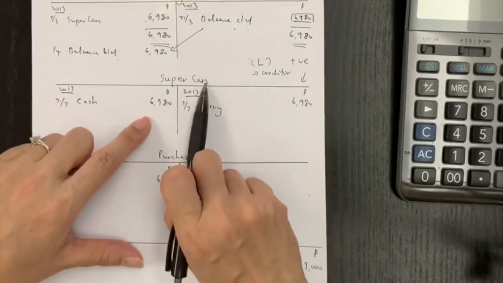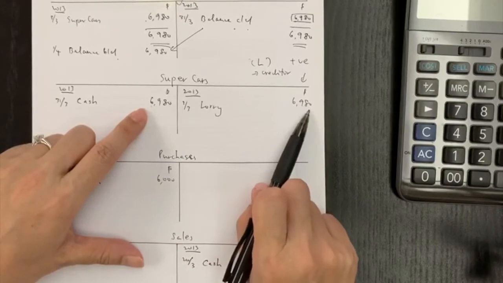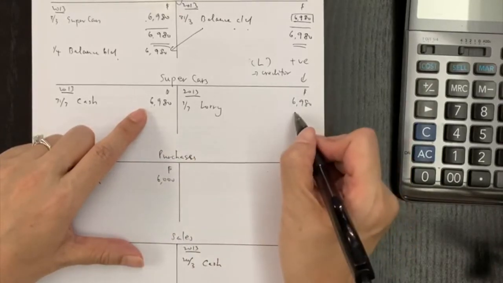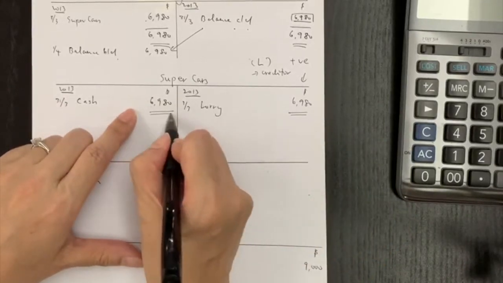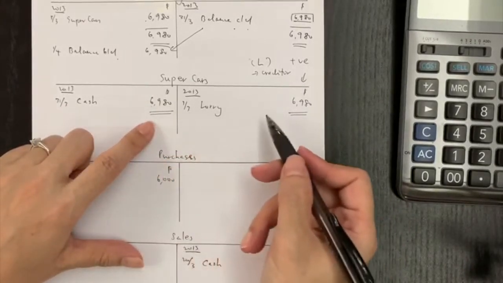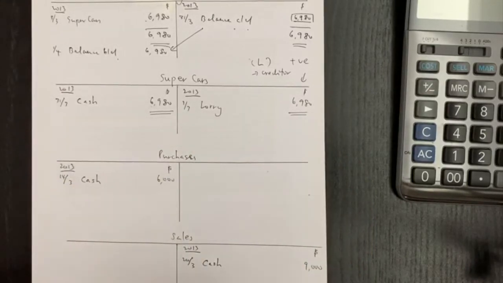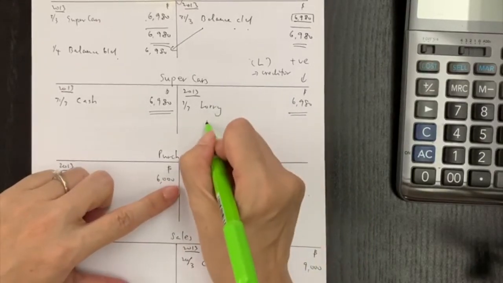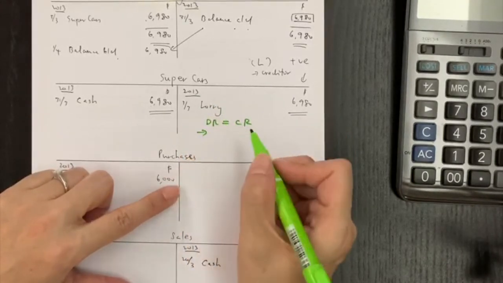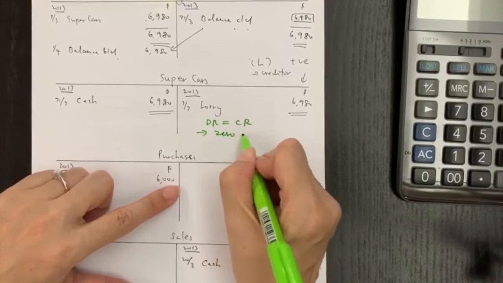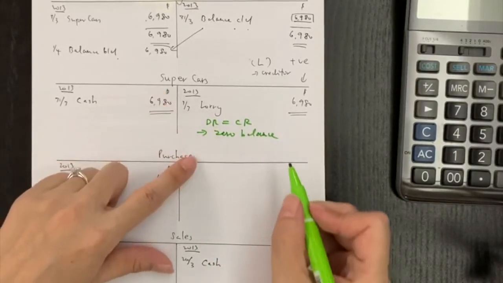Okay, now supercars. So 6,980, which is exactly the same, so we don't need to do anything. We can close in this way, so do we need to insert anything on the debit side or credit side? No need. So in this situation, when the debit side is the same as the credit side, we say that we have zero balance in the supercars account.